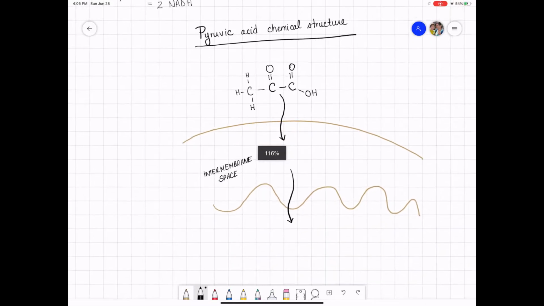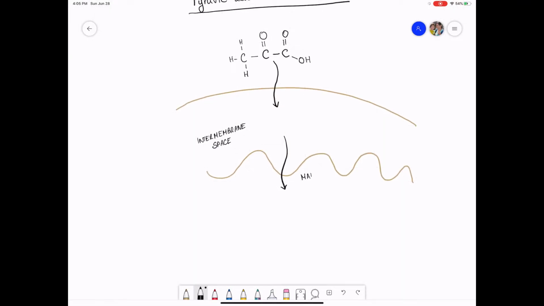So that pyruvate molecule needs to cross both the outer and the inner membrane of the mitochondria to get to the matrix. As pyruvate gets shuttled in, that last carbon with the carboxyl groups attached is going to get cut off and become carbon dioxide.